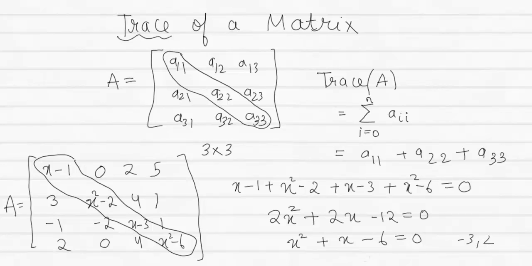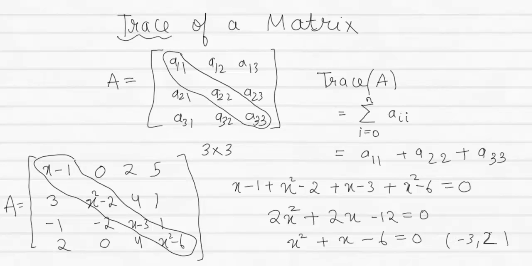You can guess it, or you can factorize this equation and arrive at this conclusion. And in order to verify, you can see that the sum of the roots, which is equal to -1, is the negative coefficient of x, and the product of roots is -6. So it's a way for verification.